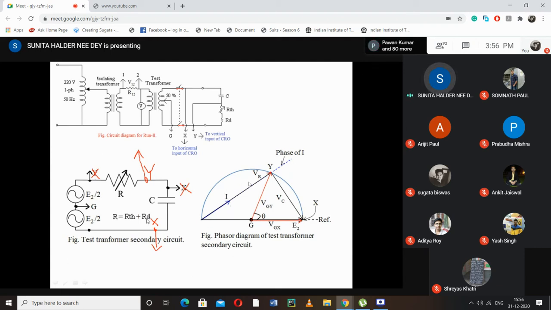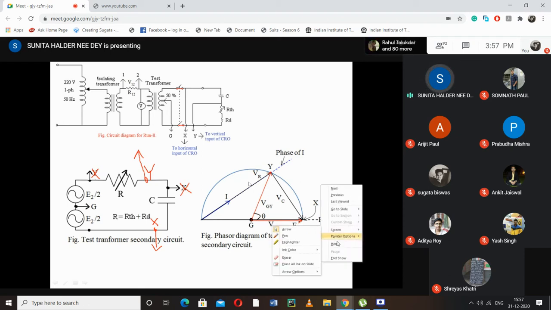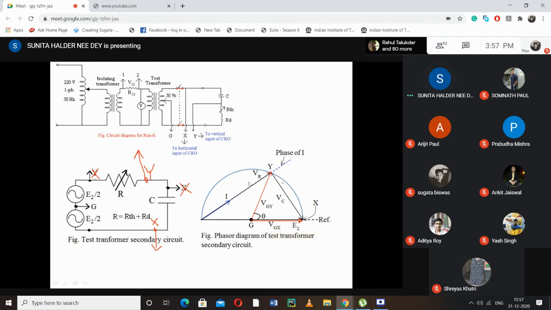Then if we want to draw total phasor diagram, then the voltage drop across this resistance will be in phase with the phase of I. So in the same phase I have drawn. Then voltage across the capacitor will be 90 degree lagging from the current, because in capacitor current leads the voltage. So this should be 90 degree.